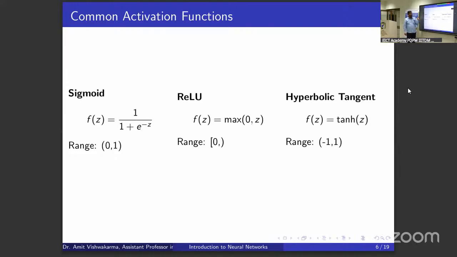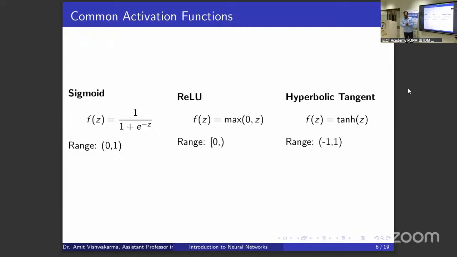Some very widely used activation functions f are, first, the sigmoid function. Sigmoid function is mathematically expressed as f(z) = 1 upon 1 plus e to the power minus z. This is the defined function.